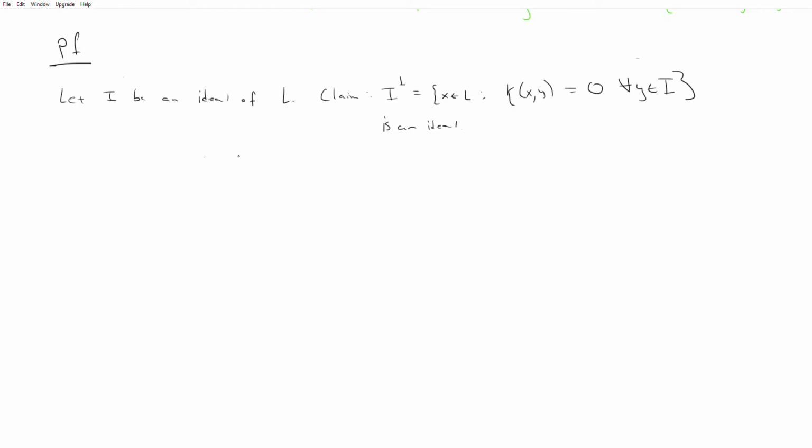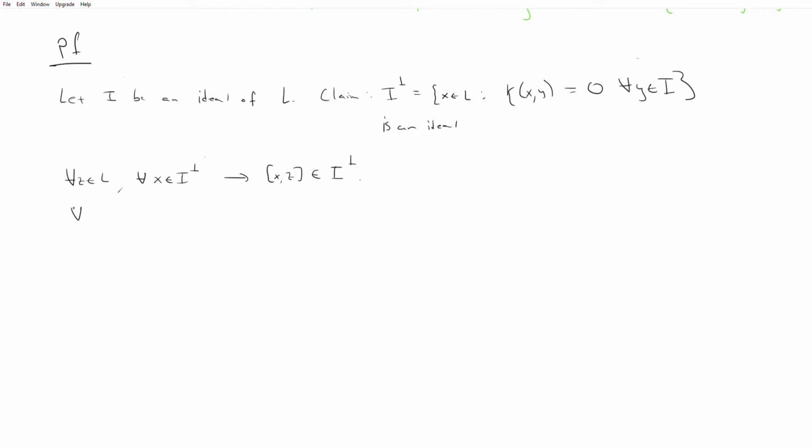And so this is pretty easy to see. If we want this to be an ideal, that means that for all Z in L and for all X in I perp, we should have X bracket Z is an element of I perp. And so that's precisely what we're going to show.